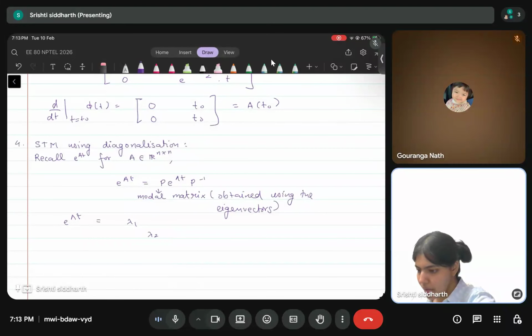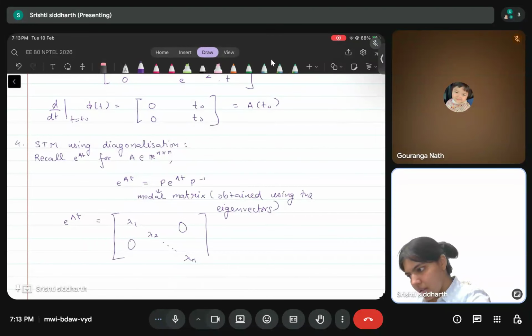So this is lambda 1, lambda 2, till lambda n, and 0 is everywhere else. So this is the main diagonal.